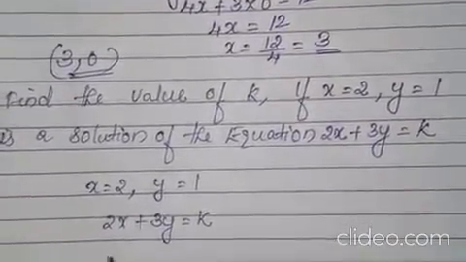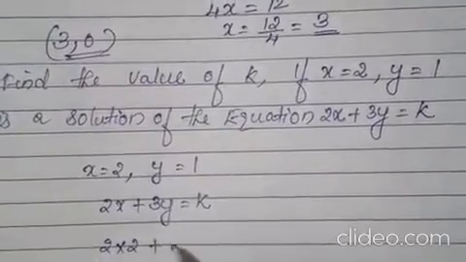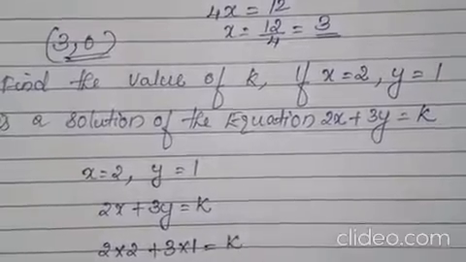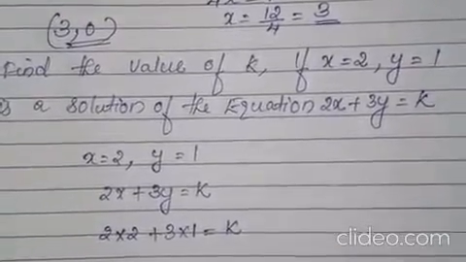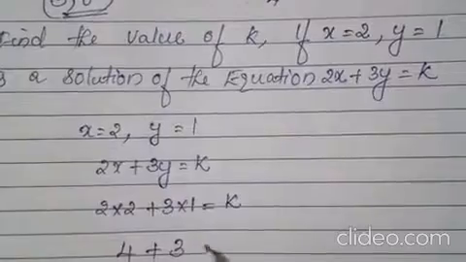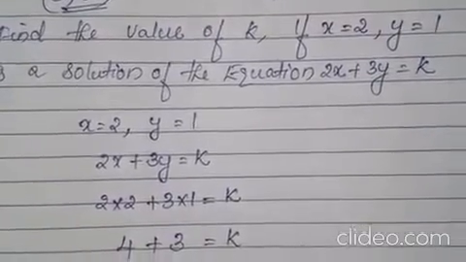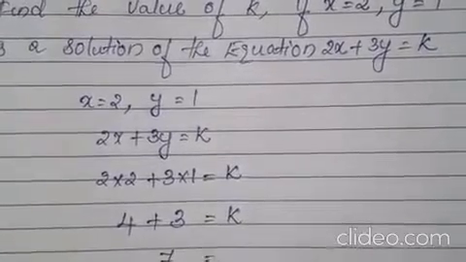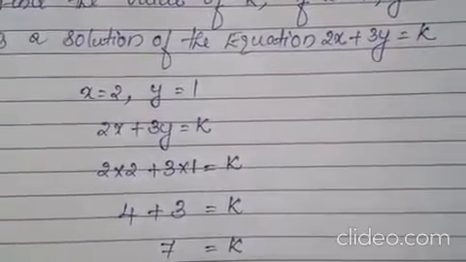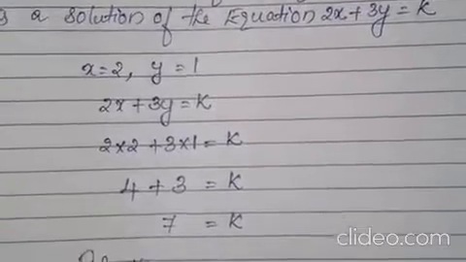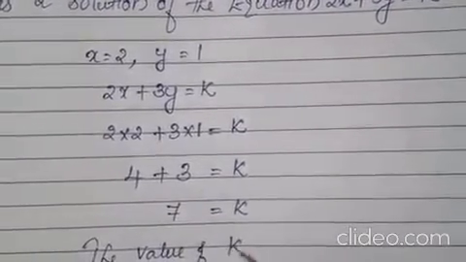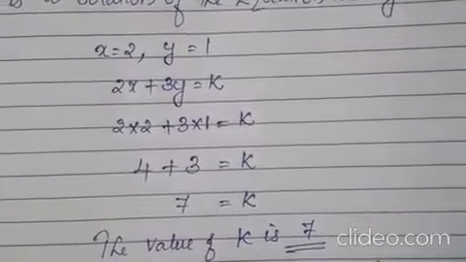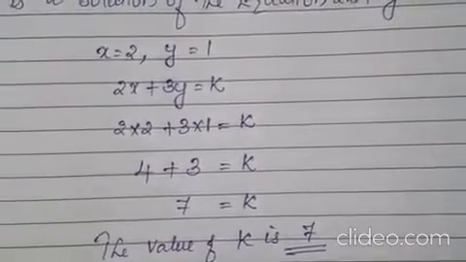So 2 into 2 plus 3 into the value of y, which is 1, equals k. 2 2s are 4, 3 into 1 is 3, equals k. Then 4 plus 3 we add, and we get 7. So 7 is equal to k. The value of k is 7. Understood? This is a very easy question in linear equation in two variables. Understood?